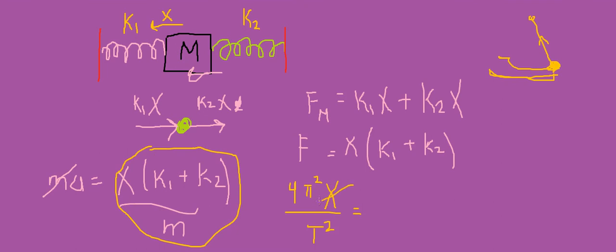If we cancel the x's out and isolate for T, you'd eventually get that 2 pi times the square root of m over k1 plus k2 would be the period of oscillation for the simple harmonic motion.